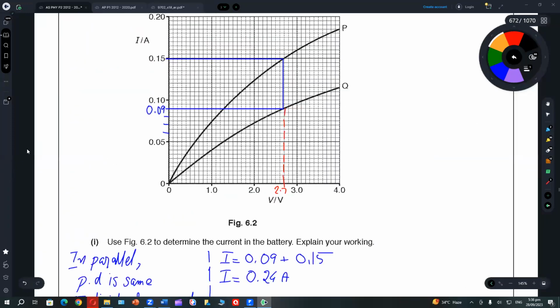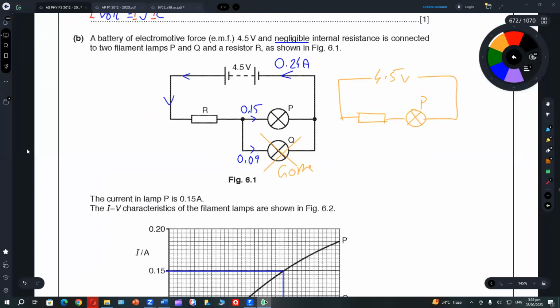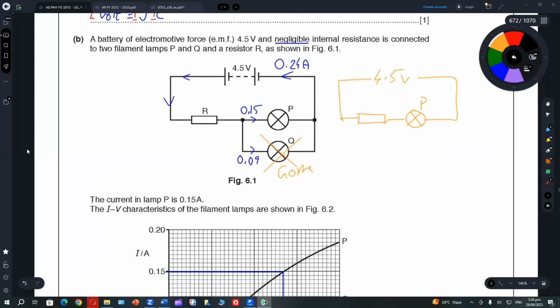Now, this is a point correctly made: once only one resistor is there, the voltage across P will increase. P and Q were in parallel, so their resistance was less. After Q blows, P is alone.